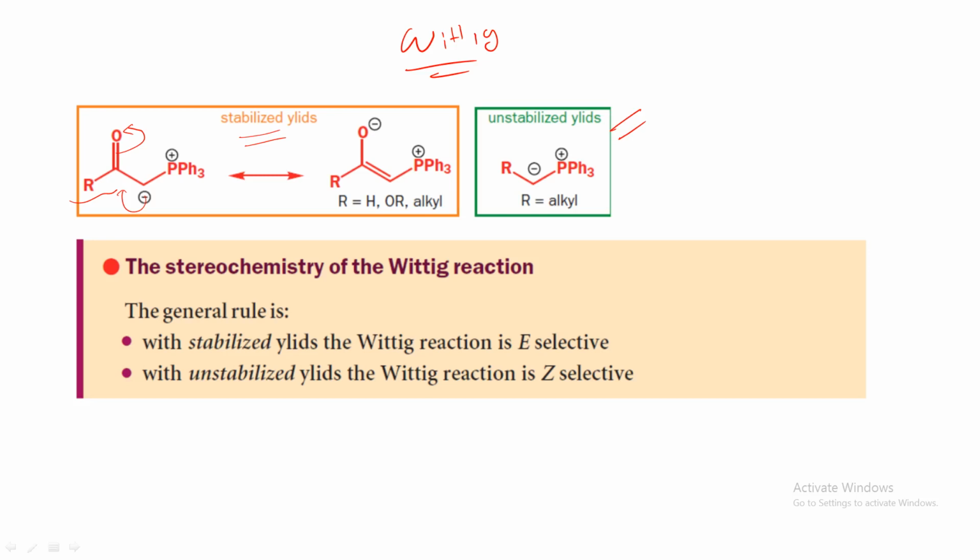As a general rule, it is known that the stabilized ylide in the Wittig reaction gives E selective olefins. What are E selective olefins? Like this. So if we use a stabilized ylide, it would give E geometry, and unstabilized ylides always give Z geometry, right?